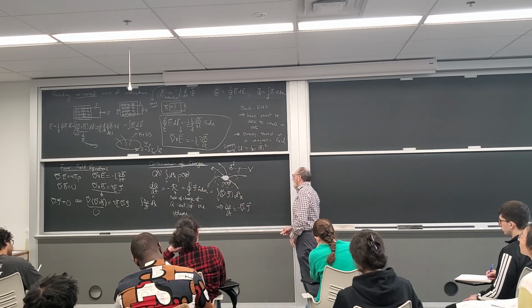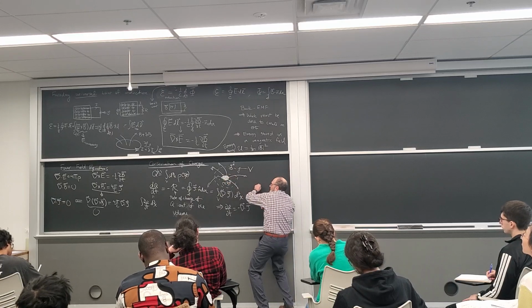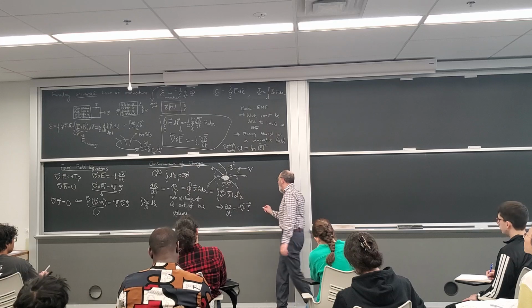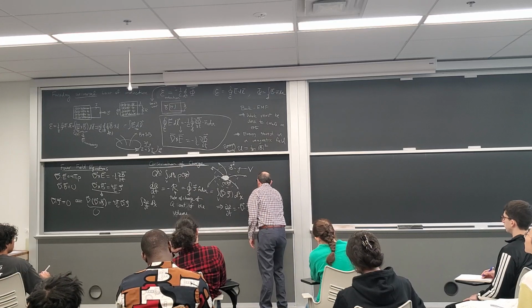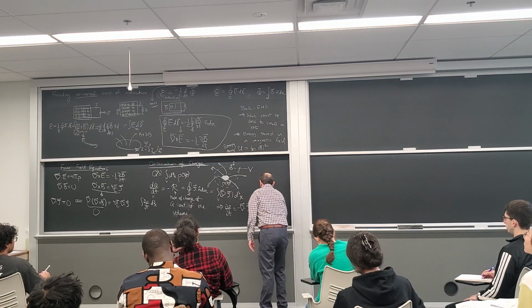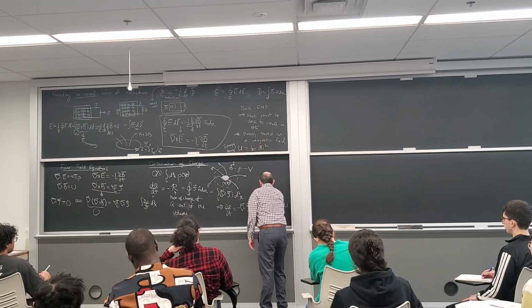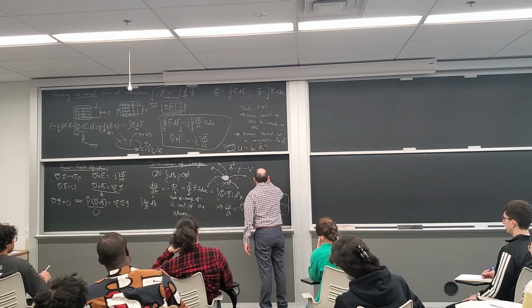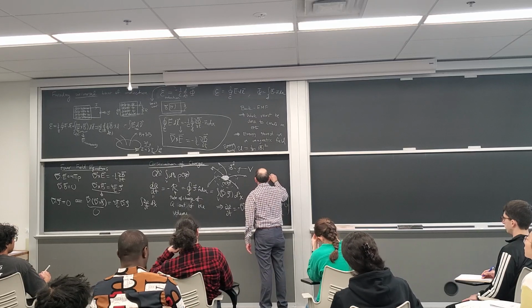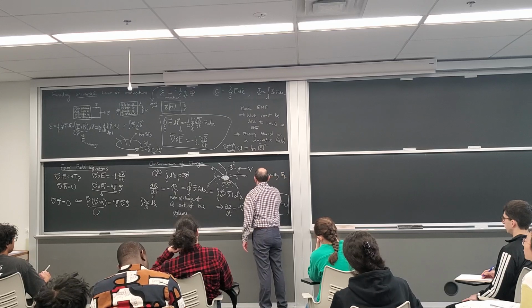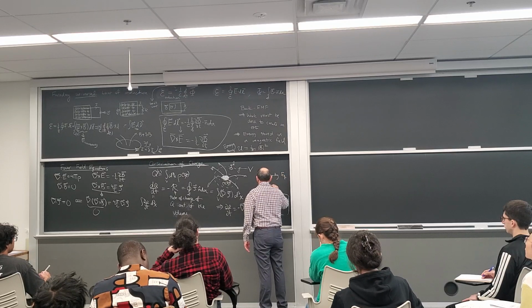There's continuity in the motion, that's where that comes from. Okay? Or, equivalently, d rho dt plus del dot J is zero. So this continuity equation is equivalent to conservation of charge.